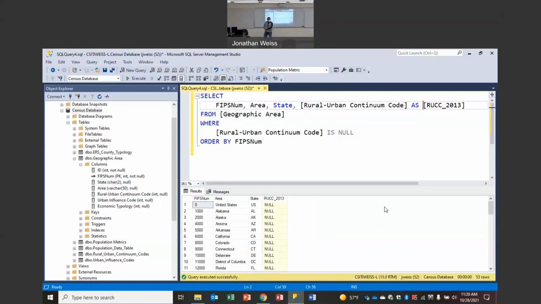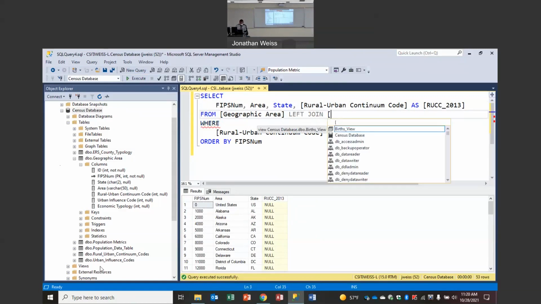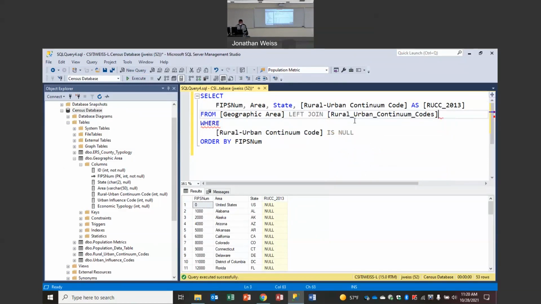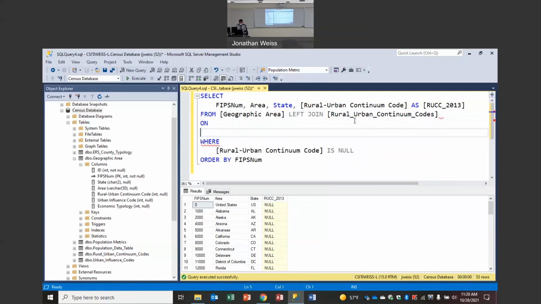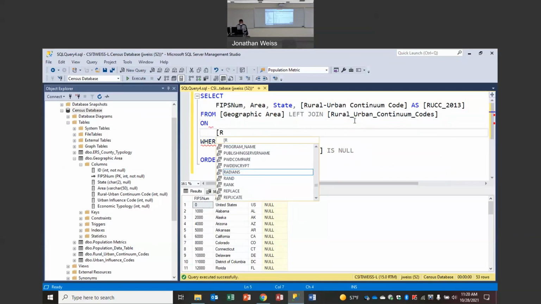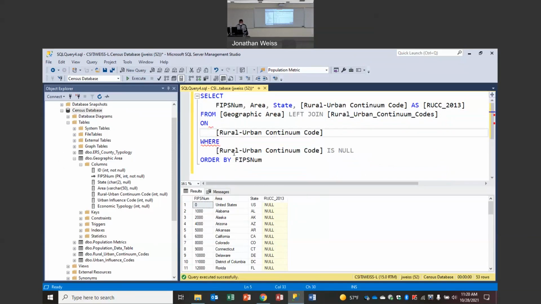And this was absolutely correct as well. Okay. Another way people might have resolved this ambiguity is they might have done a left join with rural urban continuum codes, on rural urban continuum code equals RUCC 2013, and where... and then they could have gotten rid of this.